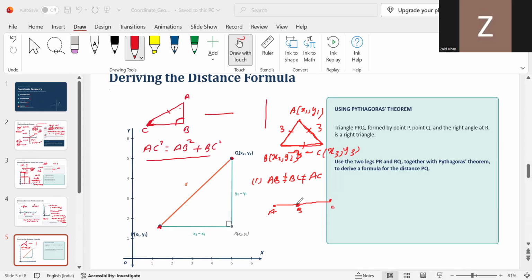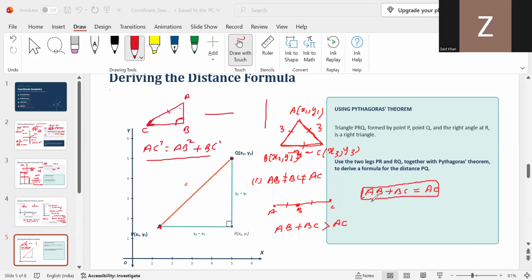The thing is, we will use the property of a triangle: AB plus BC, the sum of two sides, should be greater than the third side, AC. Okay, let me tell you how we prove these 3 points are collinear. 3 points are collinear if the sum of two sides is equal to the third side.